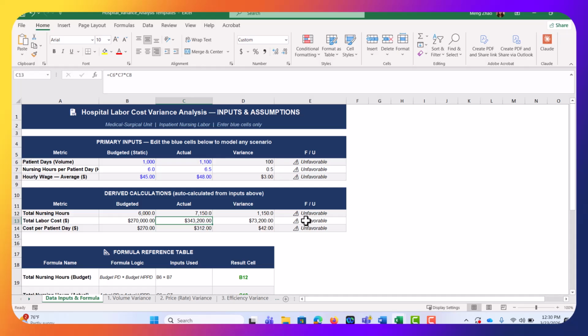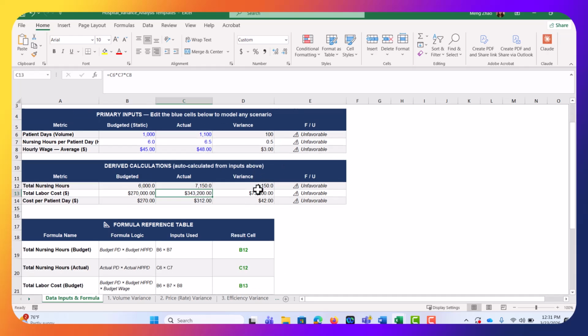This is the total variance, but we still have to break it down so we can see the volume variance, the rate variance, as well as the efficiency variance. Then we can understand whether the total variance was because we had more patients, or longer patient stays, or we paid higher wages, or used more hours per patient.